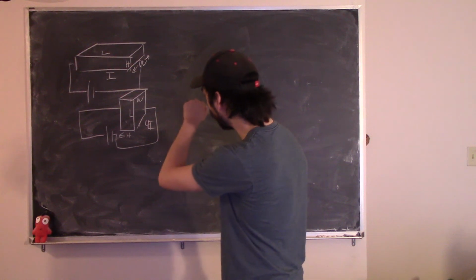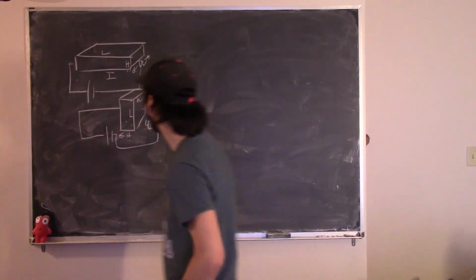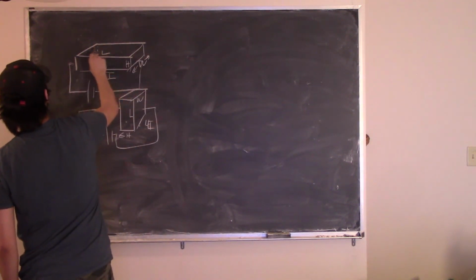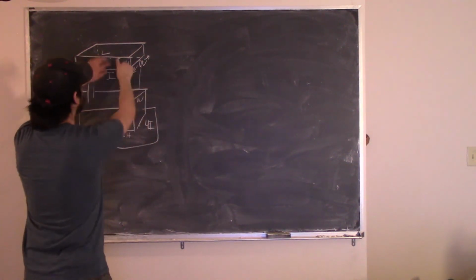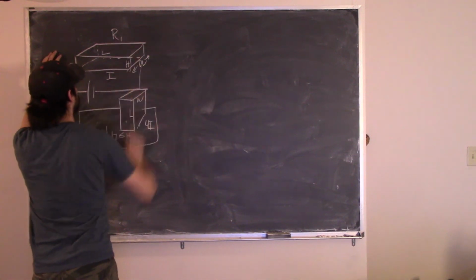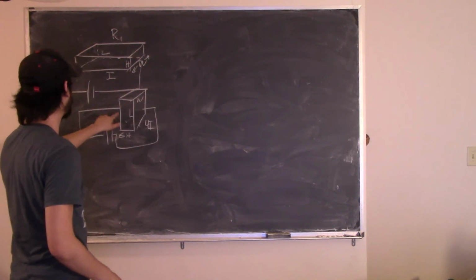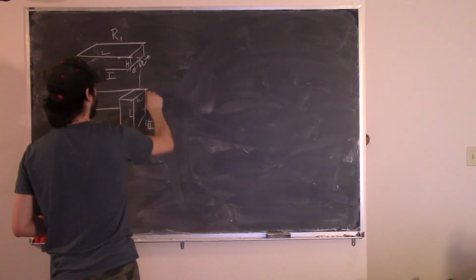So what we can do here to start with is calculate what the resistance of this block is in this orientation. We'll call that some resistance R1. And calculate what it is in this orientation. We'll call that R2.